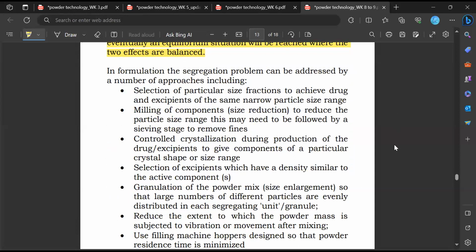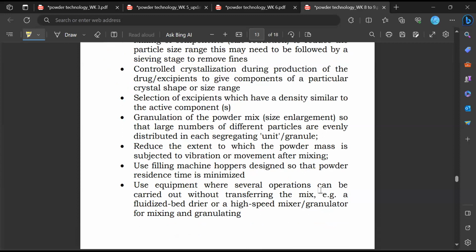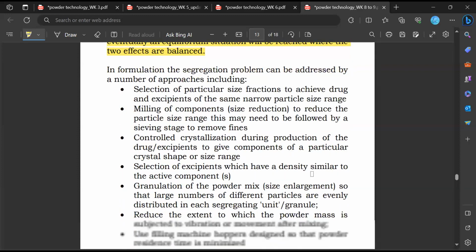You have to look at various things, like the selection of the particle size fractions, the size of the excipients, not just the API, and milling components to reduce the particle size, control of crystallization, selection of excipients, granulation of the powder, reducing the extent to which the powder bed is subjected to vibration, and use of filling machine hoppers designed so that the powder residence time is minimized, and use of equipment where several operations can be carried out without transferring the mix. So there are various factors for that.